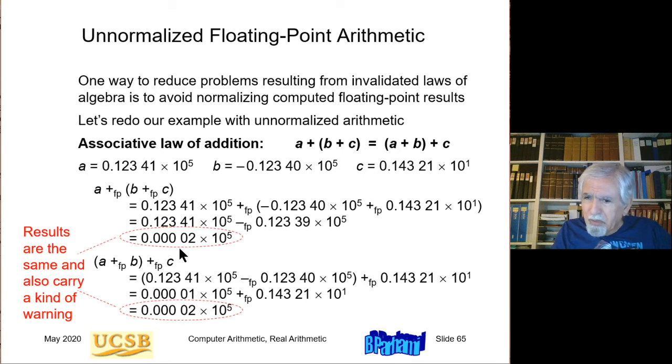Not only do they lead to the same result, but also the result carries a sort of warning about loss of precision. So you see here that you have 4 leading zeros, then 2, and there are also digits that have been eliminated because we didn't have room for them. Now those eliminated digits, given that this number is fairly small, become significant.